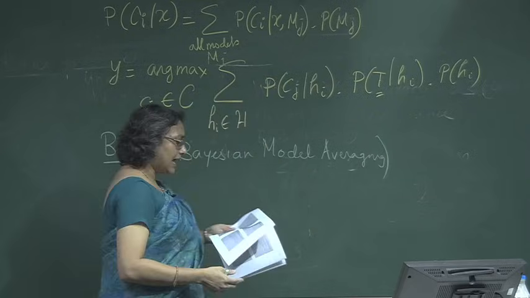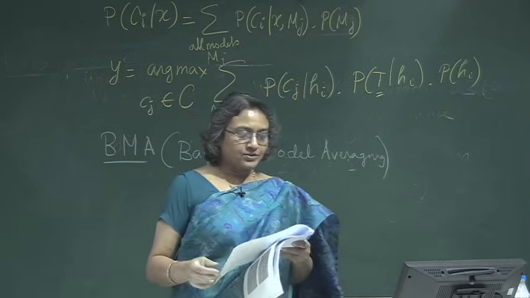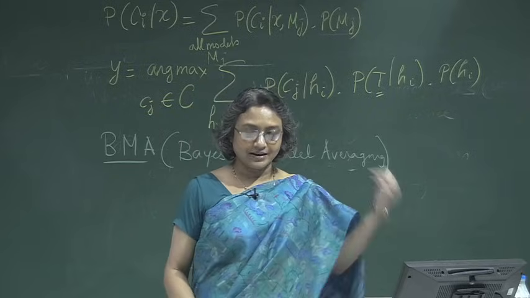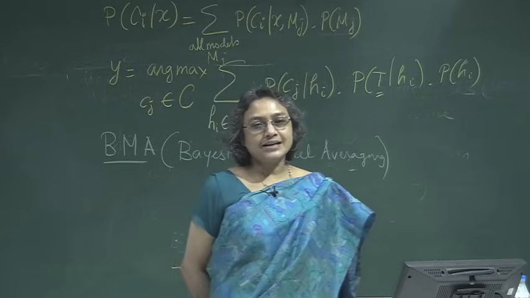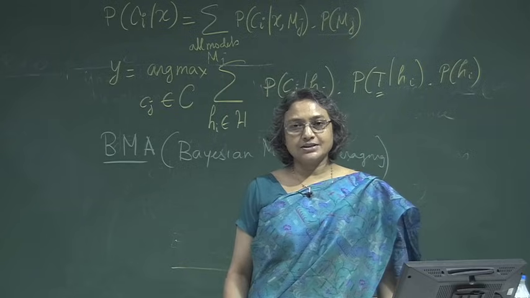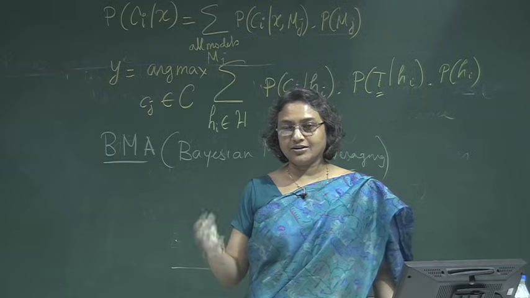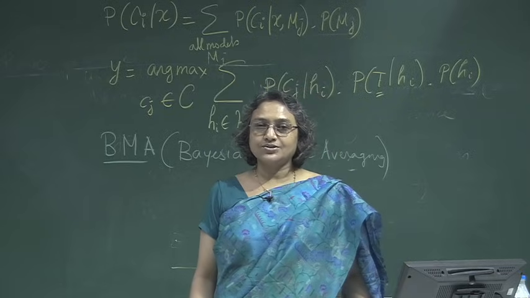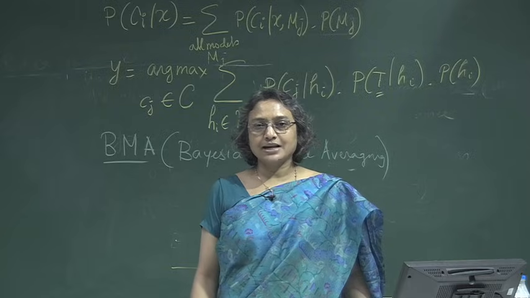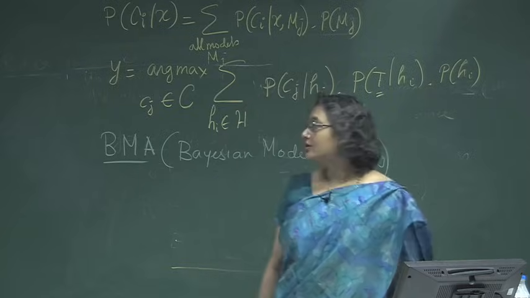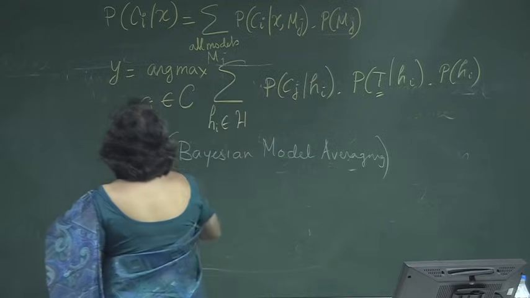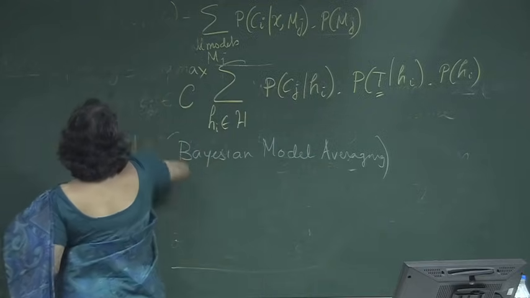In Bayesian model averaging, all possible models in the model space are weighted by the probability of being correct, as we do in this thing, and it is optimal. It is the optimal hypothesis, but we cannot use it practically. So, we can use certain variations by using some sampling, Monte Carlo sampling, etc., but we will not talk about it. Instead, let us talk briefly about why ensembles are successful.